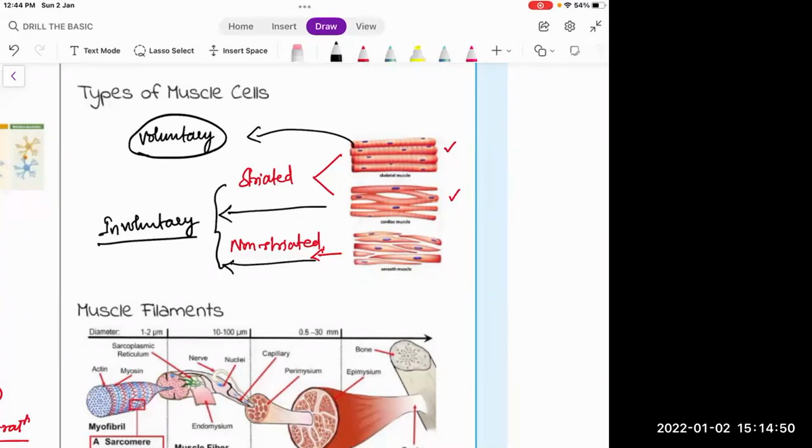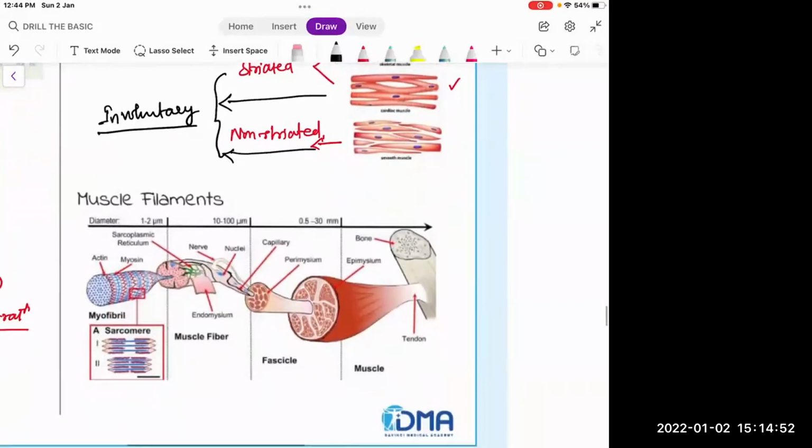Next, moving on to the muscle filaments. If you take the whole muscle, you call it a muscle belly. In a cross section, the outermost covering of the muscle is called the epimysium, which contains numerous fascicles.